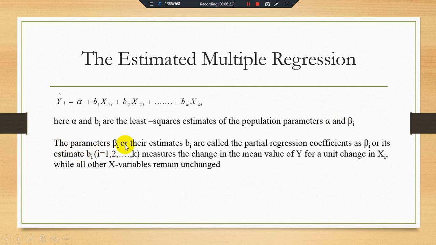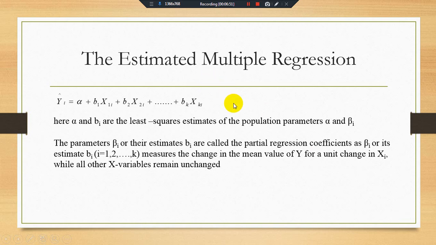The parameters betas and their sample-based estimates are called the partial regression coefficients. The beta i estimates measure the change in the mean value of y for a unit change in xi, while all other x variables remain unchanged.